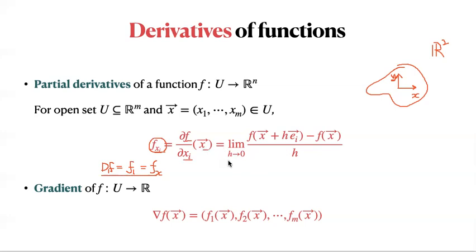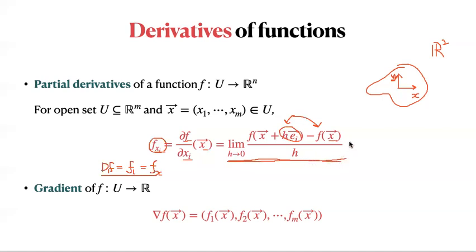So it is the same as this limit. It means that we want to find the limit of f(x plus h ei) minus f(x), over h. Okay.